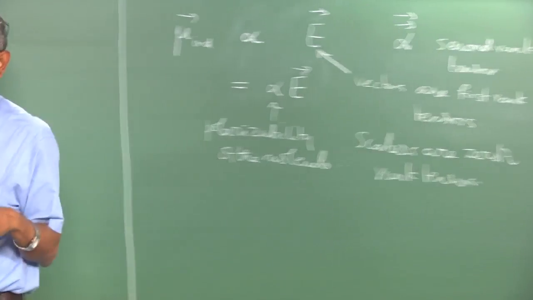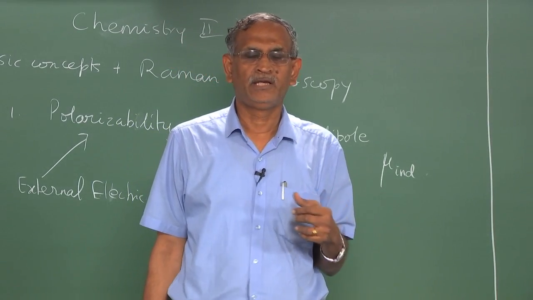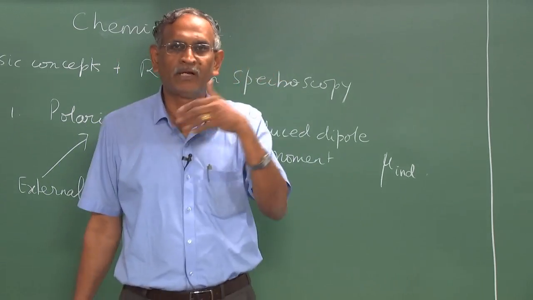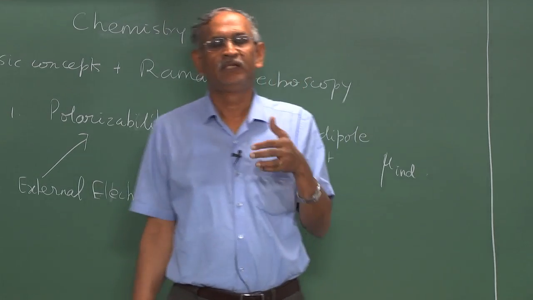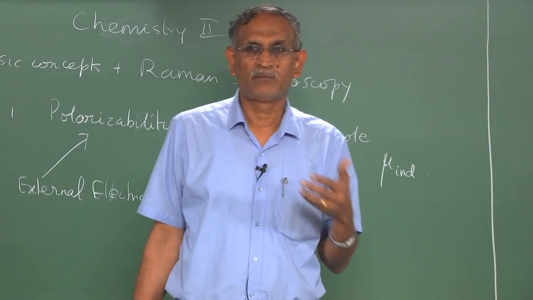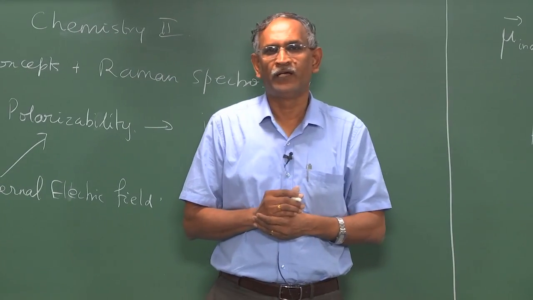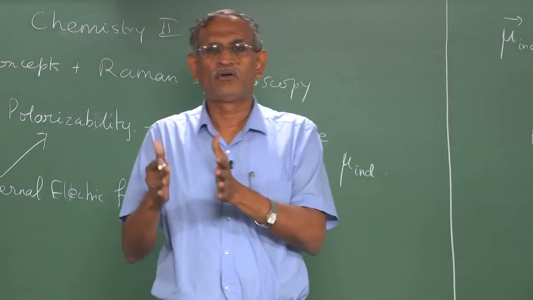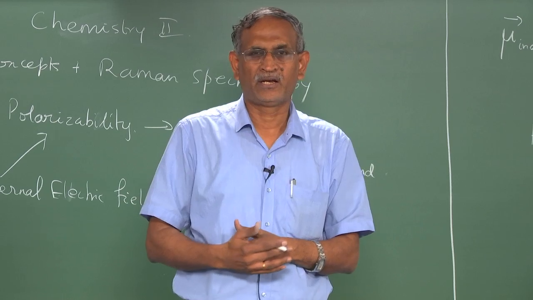So, in this mathematical representation of the polarizability as well as the moment of inertia, you will realize when you study more and more that the polarizability and moment of inertia, and later when we study the chemical shift in nuclear magnetic resonance, when at a later time I will give a course on that, the chemical shift is also related to what is called the chemical shielding tensor, which is also a second rank tensor.